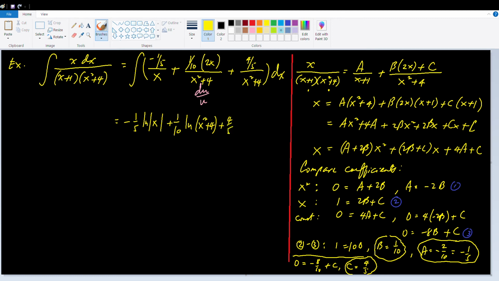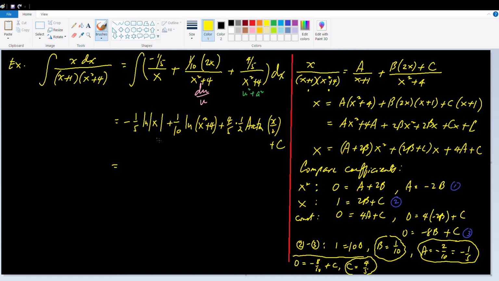The third integral has a denominator in the form a squared plus u squared. So du over a squared plus u squared will yield the arctangent function. And since our a squared is 4, that means that a is 2. The answer is 1/2 arctangent of x all over 2 plus c.